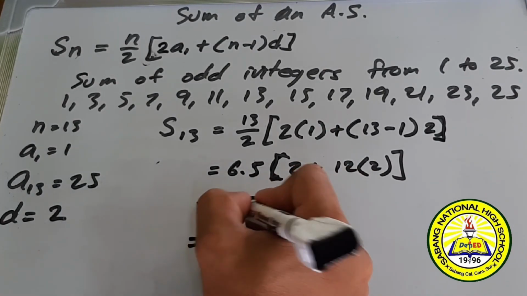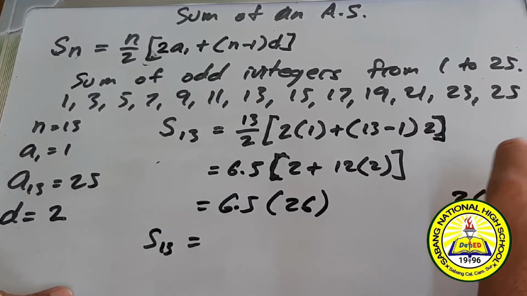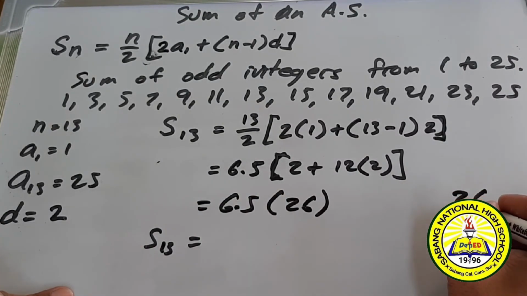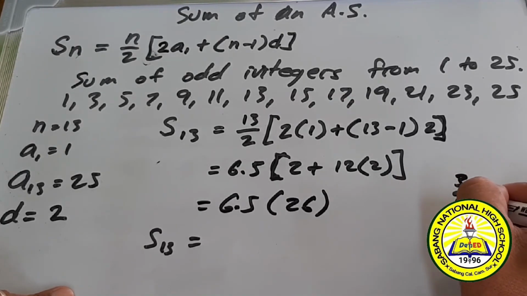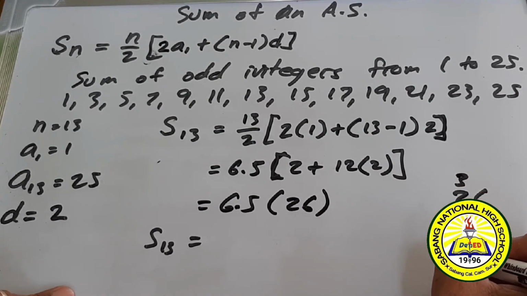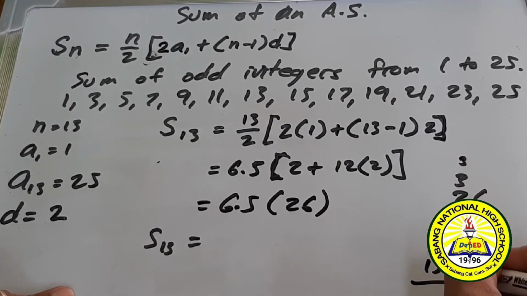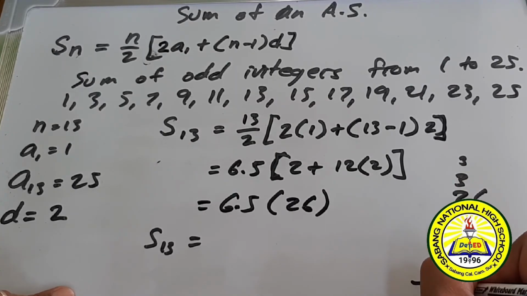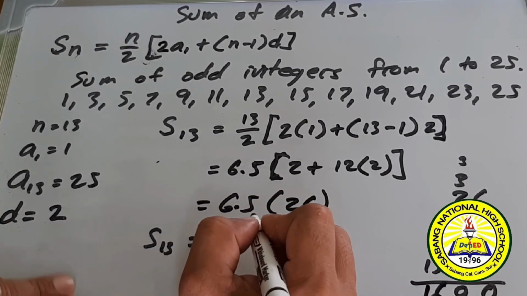26 times 6.5. So we have 26 times 6.5, and the total is 169.